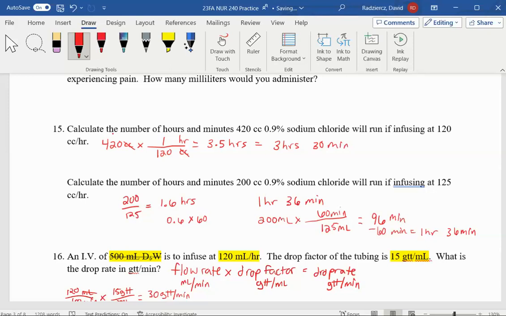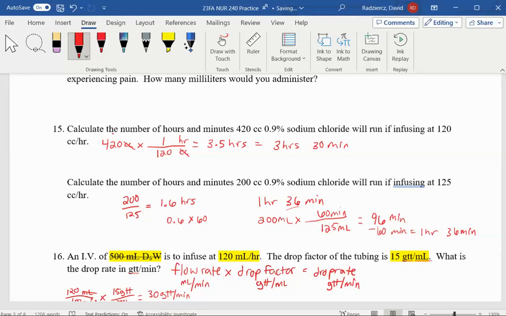What I did down here was to demonstrate what to do if you got something like 1.6 hours. You would take the 0.6, because you know it's 1 hour, multiply by 60, and that would give you 36 minutes. Alternatively, if you just calculated down to the minute, you can subtract 60 minutes, which is an hour, and then you're left with 36 minutes.